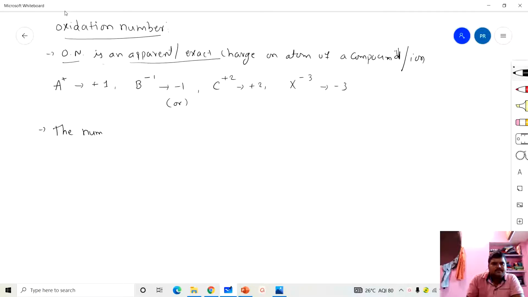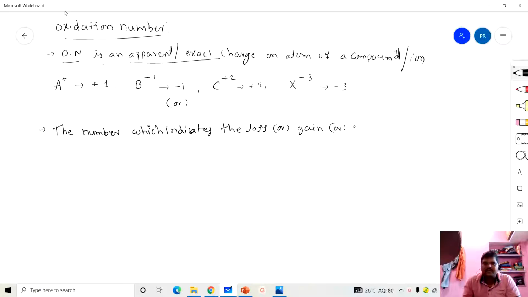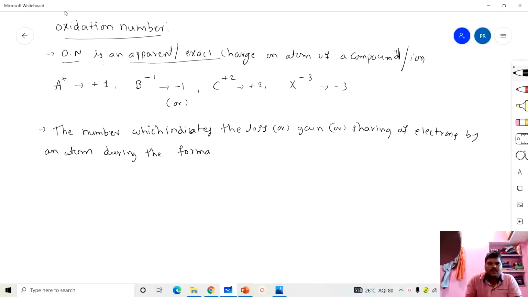The number which indicates the loss or gain or sharing of electrons by an atom during the formation of a chemical compound.